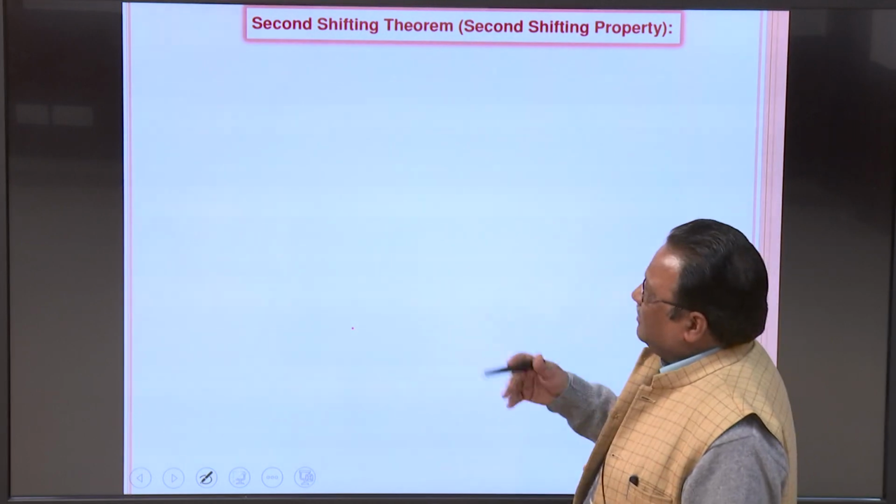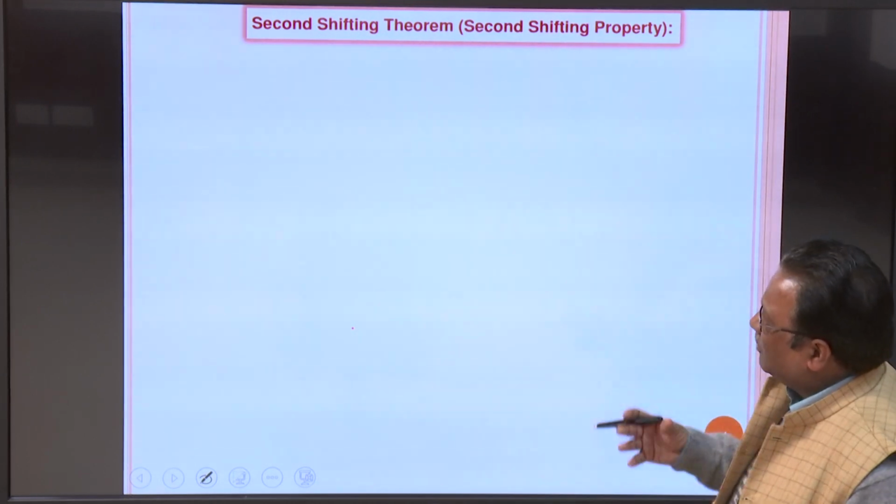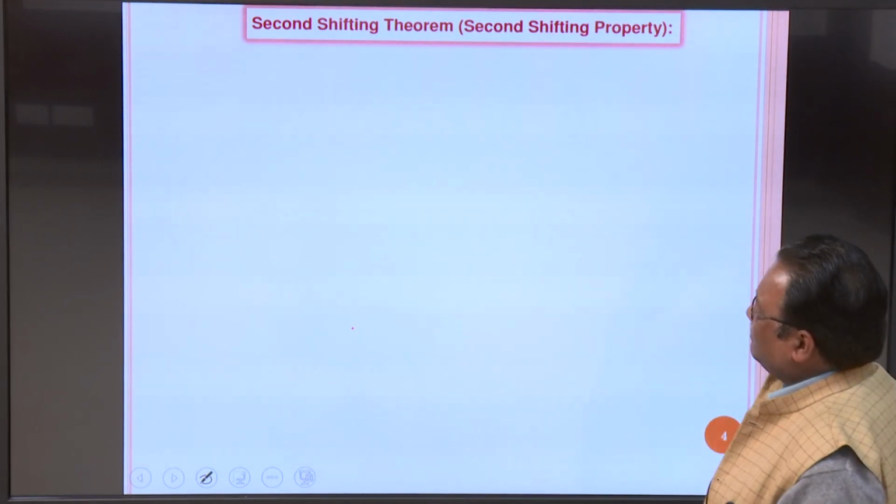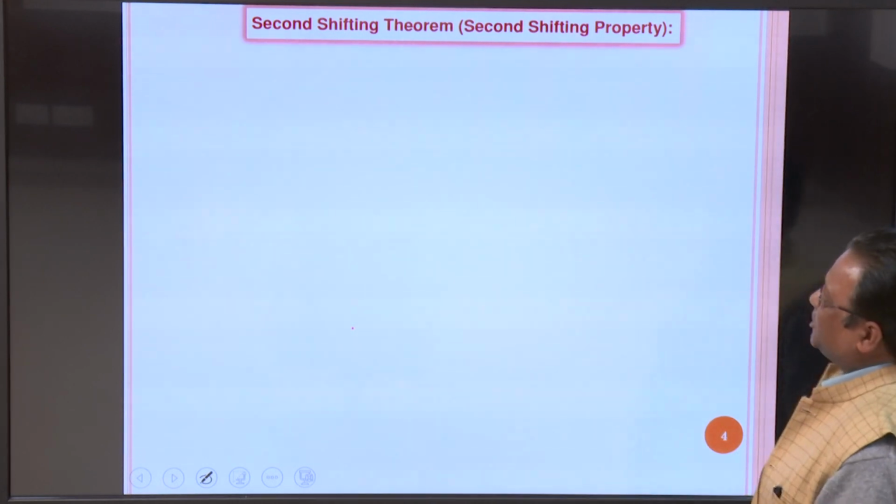Now let us prove this important theorem, the second shifting theorem.